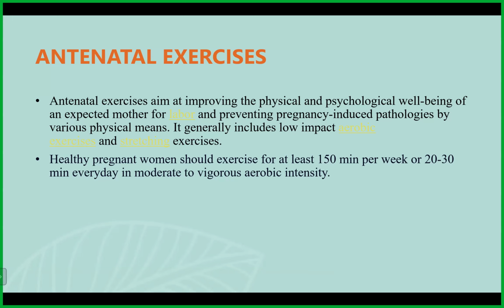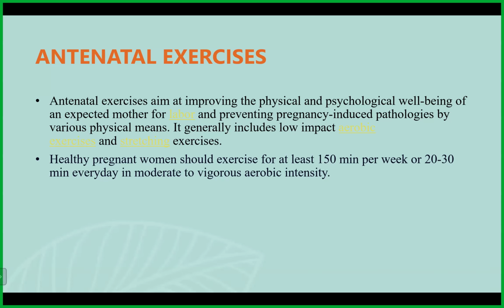Okay. So talking about antenatal exercise. As we all know, when we learn any topic, we know about the aim of the exercise, the goal of the exercise. In the same way, in our antenatal exercise also we have a goal. The goal is to improve the physical and psychological well-being of an expected mother for labor and prevent any pregnancy-induced pathologies by physical means.